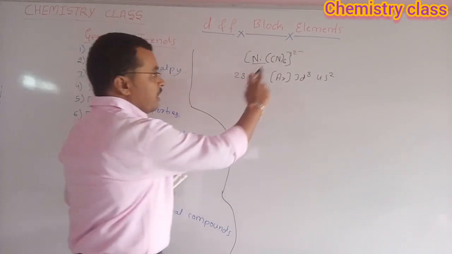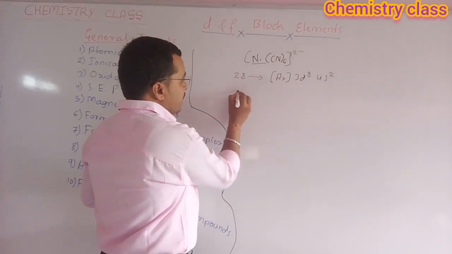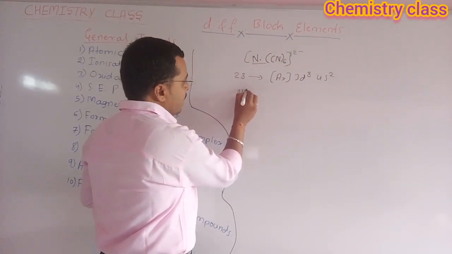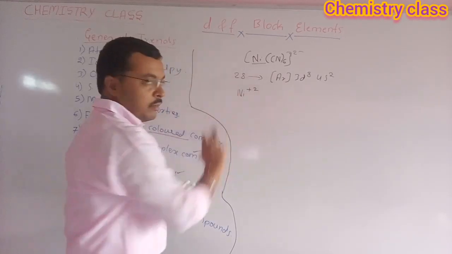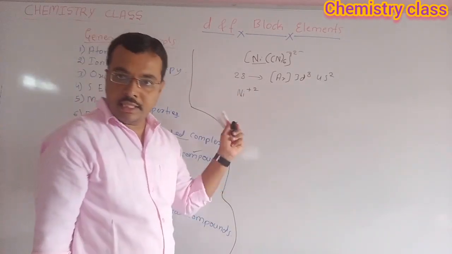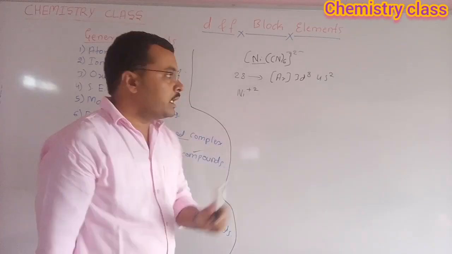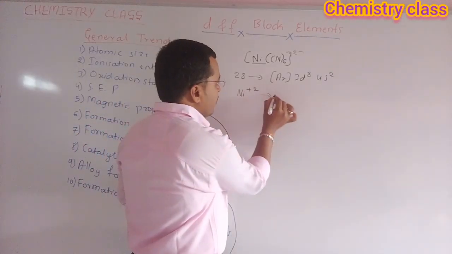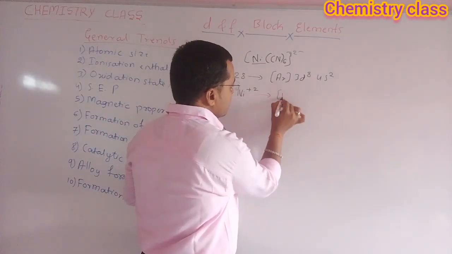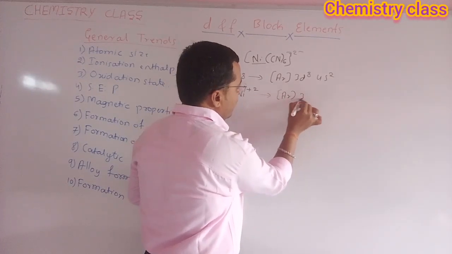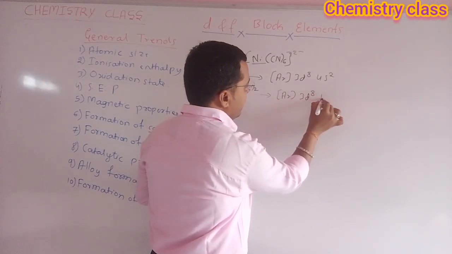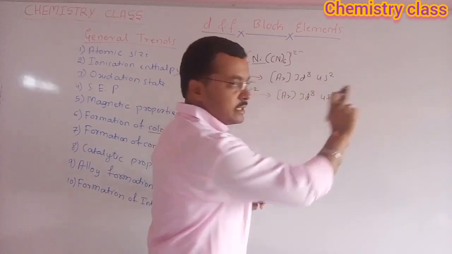Next, whenever this nickel undergoes excitation, it will lose electrons and undergo +2 oxidation state, and then the electronic configuration becomes [Ar] 3d8 4s0.